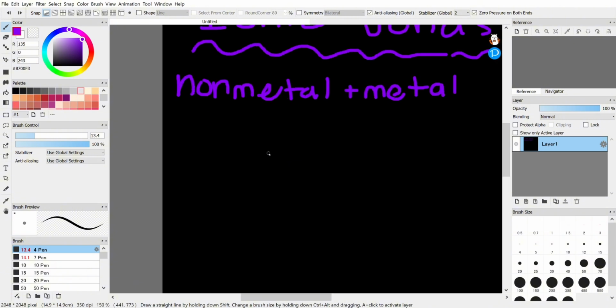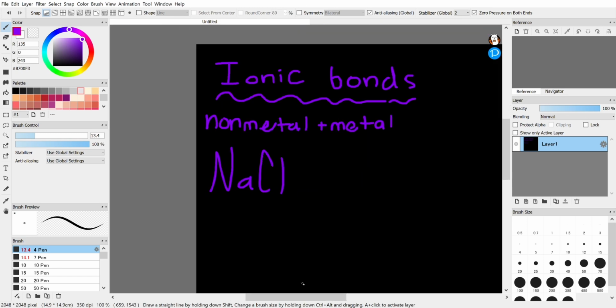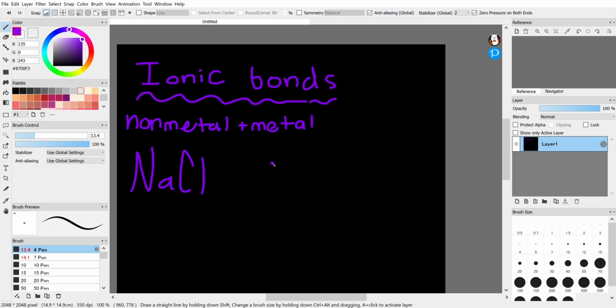If she asks for the name, let's say again that we have sodium chloride. The way that you would name an ionic bond is first you look at the cation, which is the positively charged ion, which is in this case sodium.